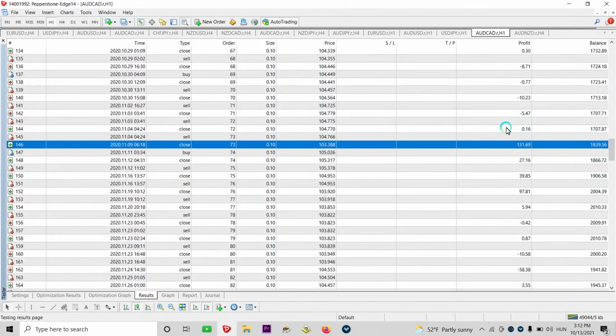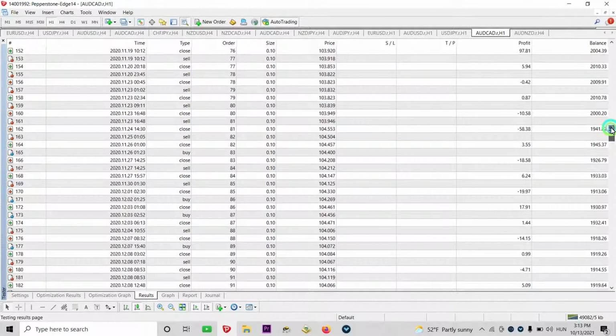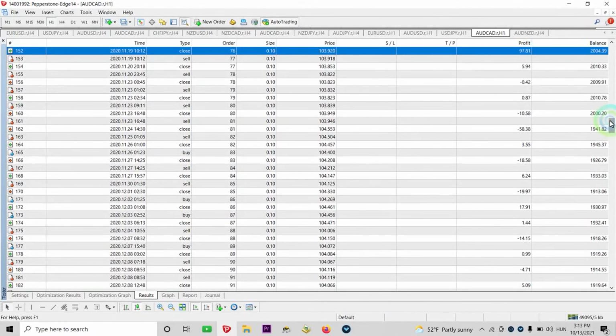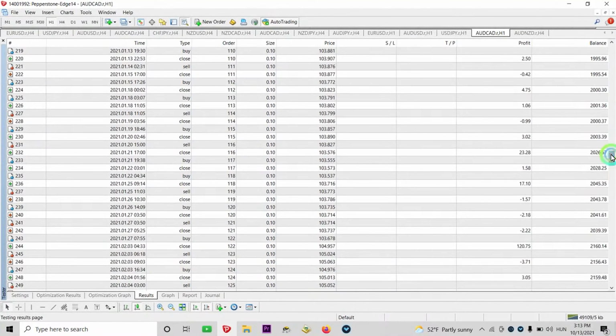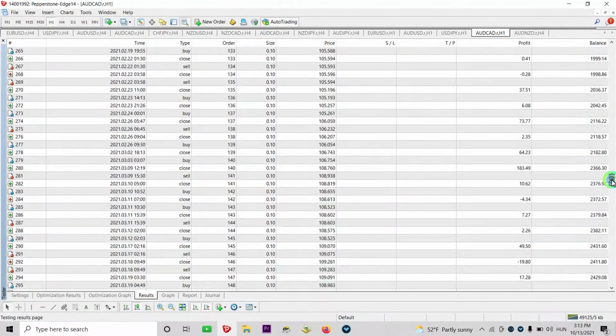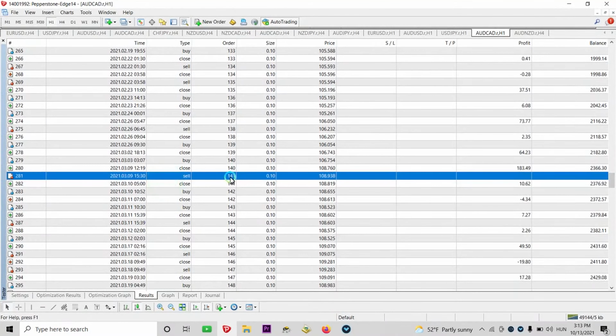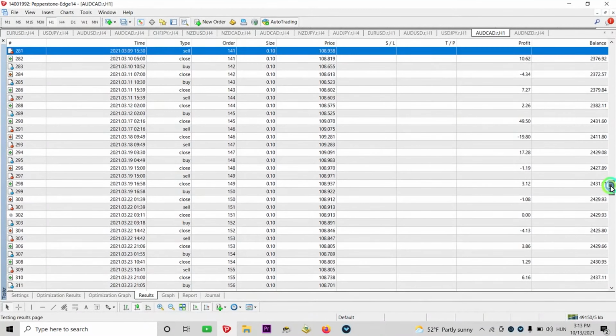As you see, because of the dynamic exit, there are trades that are just really small, and there are trades that are fairly big, but most trades are just day trades that last for a couple of hours to 2 or 3 days maximum.